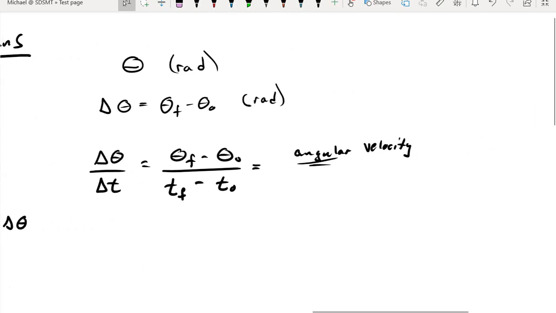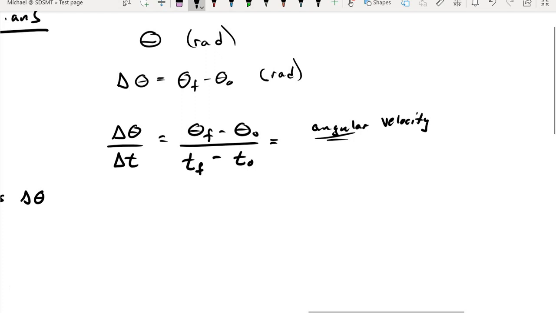Well, if you remember our discussions way back at the beginning of the semester, we brought up this idea of how big is delta t, because delta t could be a second, it could be a minute, it could be a couple of hours. The more time that goes by, the less and less accurate the measure of our velocity.